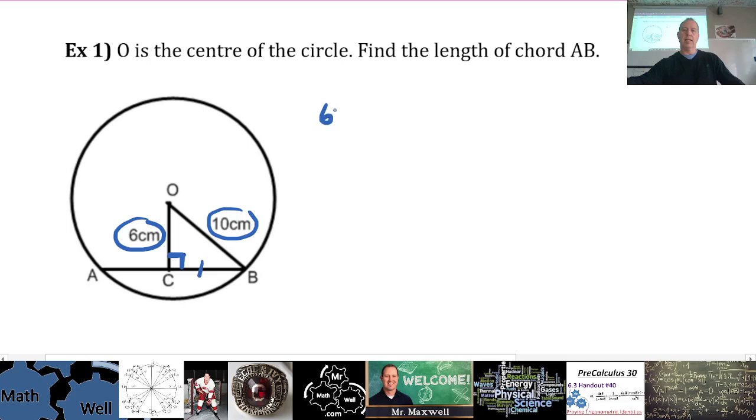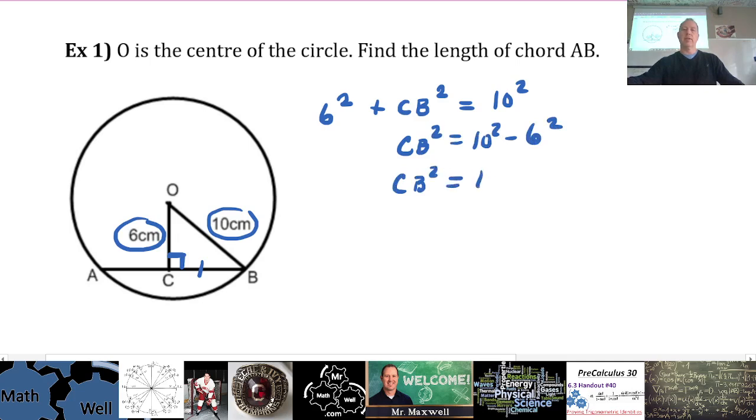So let's set that up. 6 squared is one of the legs of the right triangle plus, and I'm just going to write this section as CB, so CB squared equals the hypotenuse squared. I'll solve for CB, so let's do 10 squared minus 6 squared. So this is 100 minus 36.